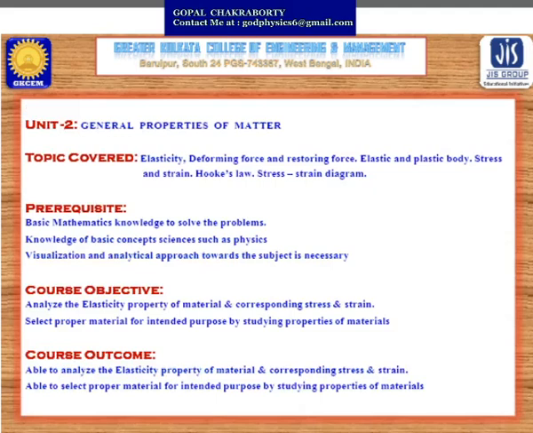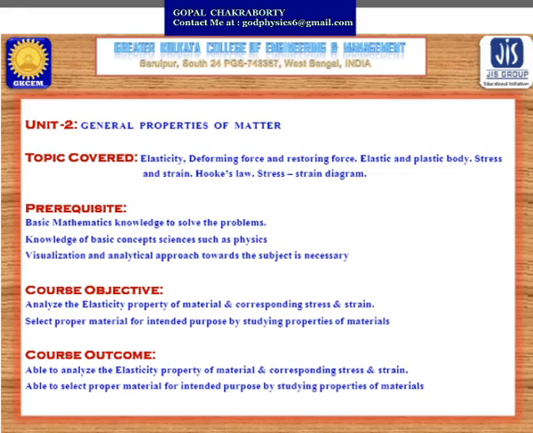Today, the topics that I am going to discuss are elasticity, deforming force and restoring force, elastic and plastic body, stress and strain, Hooke's law, and stress strain graph.